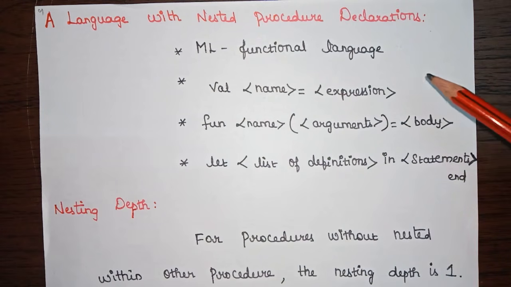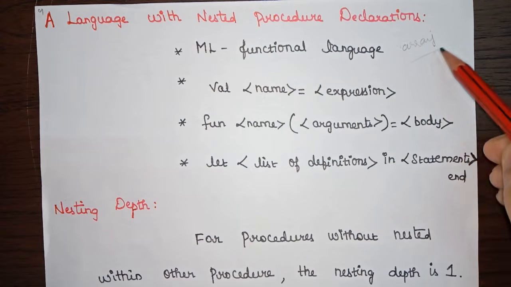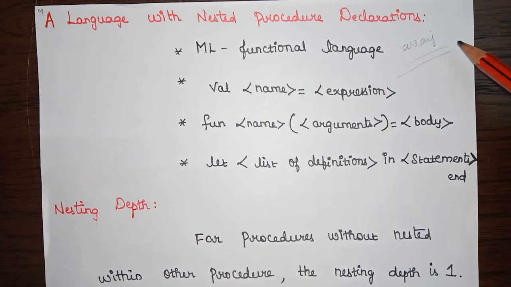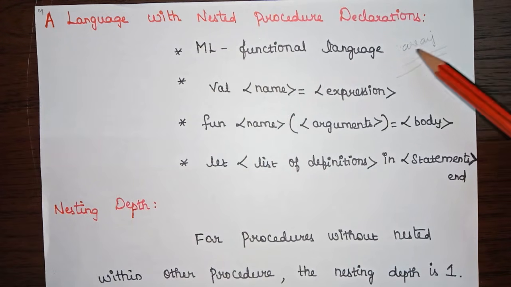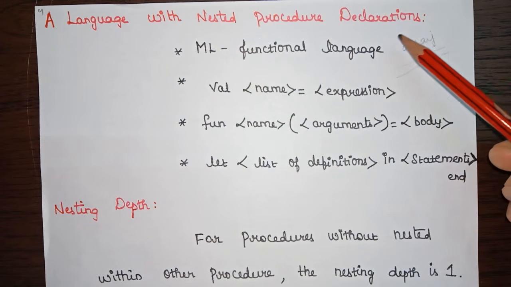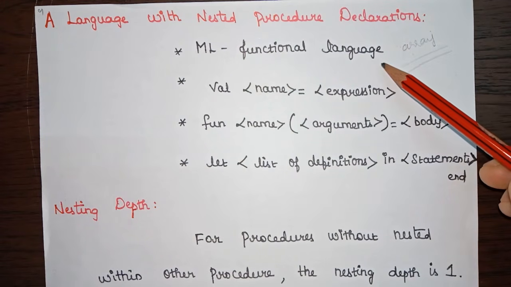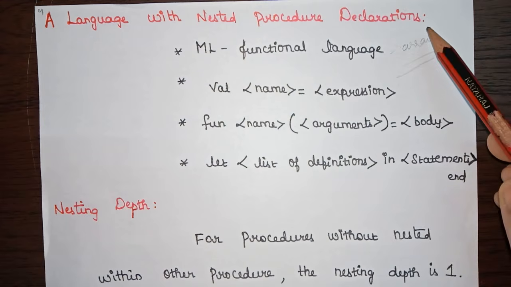For example, when we are using an array, we can change the elements of the array by using some special function calls. But other than arrays, whenever we declare and initialize a variable in ML, the value cannot be changed. This is why it is called a functional language.